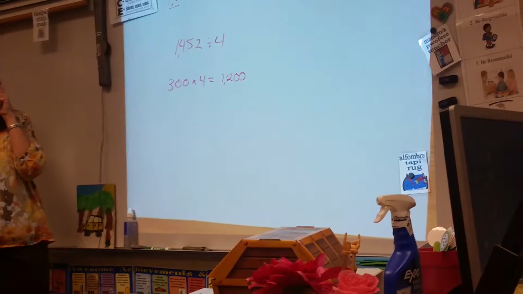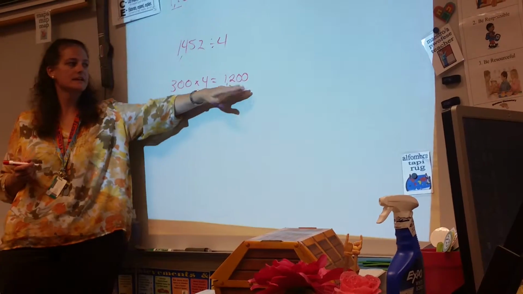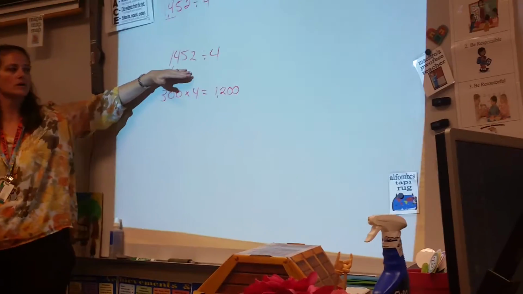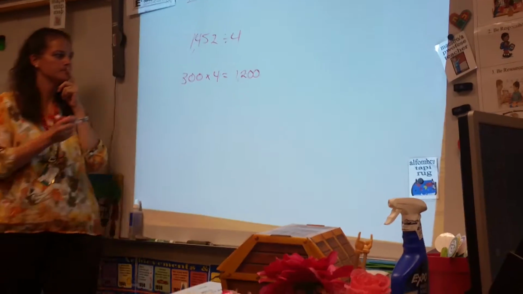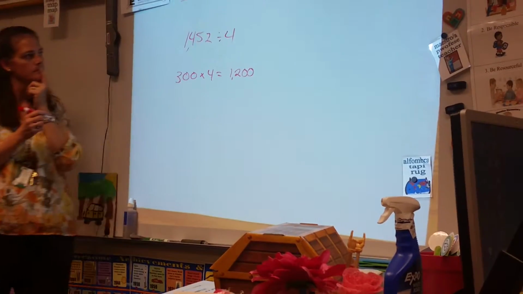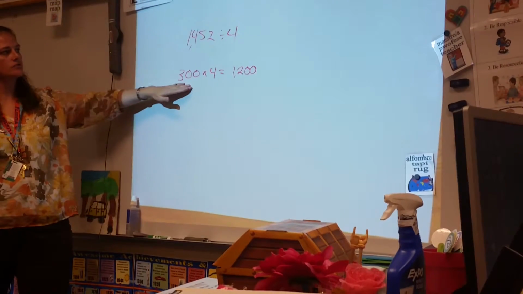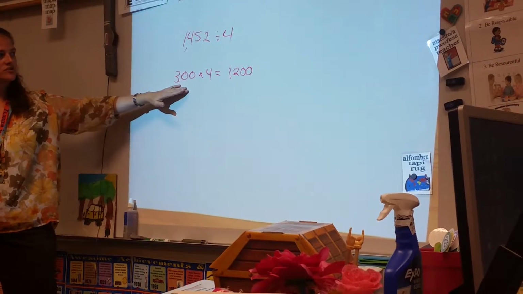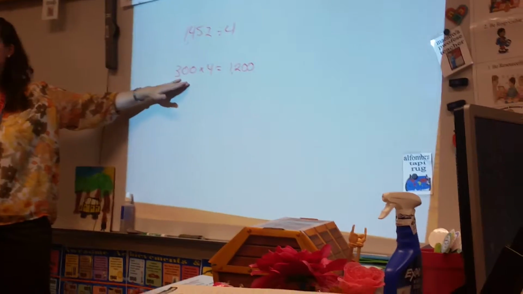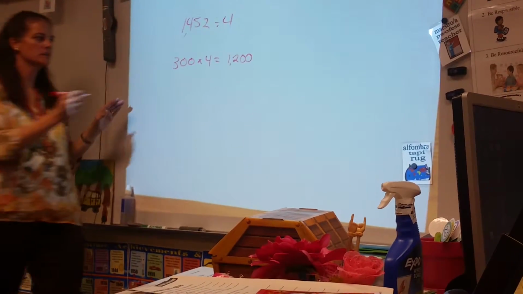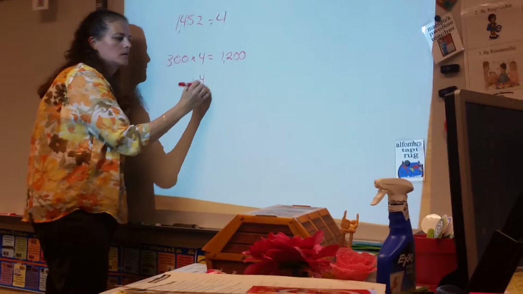We're too low though. We need to keep going. We only have taken care of 1,200 of the 1,452. So we need more. So what else are we going to multiply by? Well, we started with 300. Can we go another 100? Can I go 100 times 4?